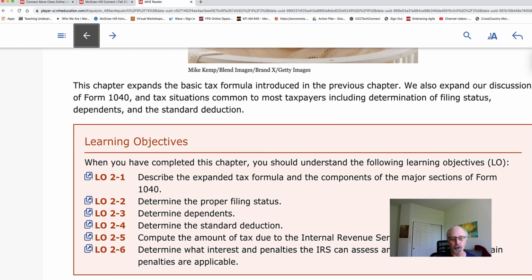So the big ones you'll probably understand are these, 2, 3, and 4. And that's where a lot of the language is.